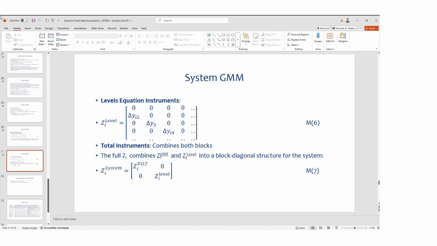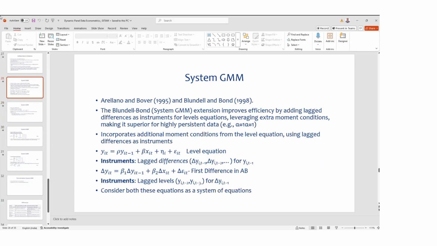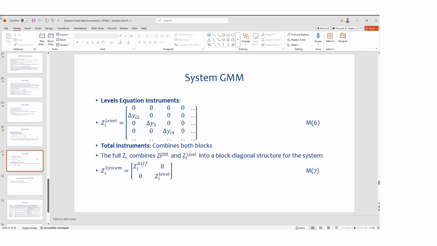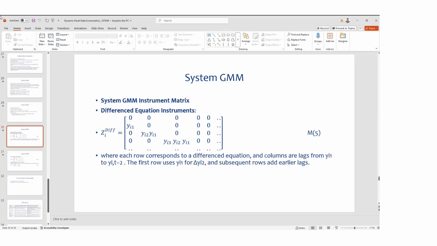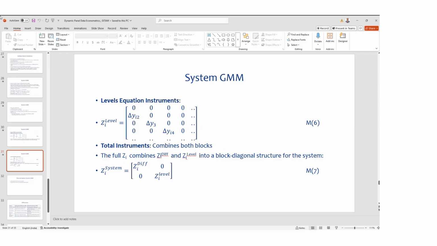And it looks like this because you are taking the differences. You remember what I mentioned here? We are using the lag differences for yi t minus 1. Since it is a system of equations, we are going to add this as well, which will eventually give you an instrumental variable like this.